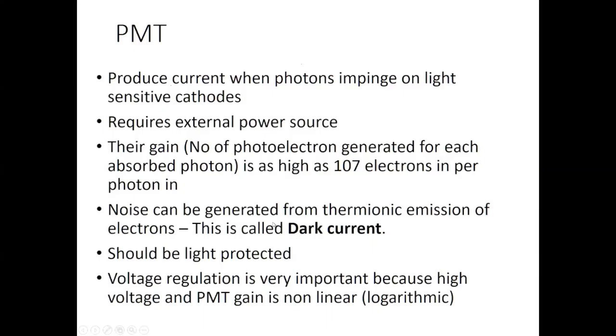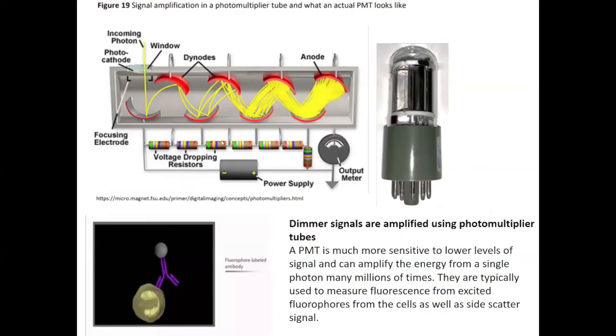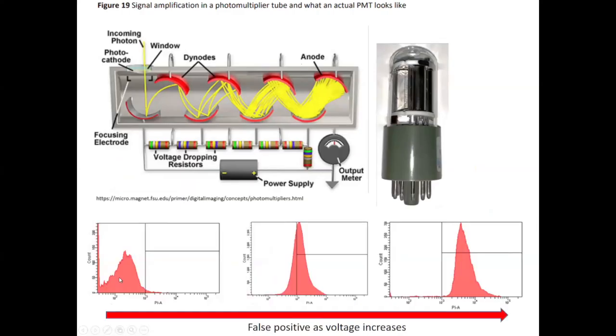Basically there is no signal, but because of the multiplication, it may give you a signal. Now, because it amplifies so heavily, see, this is a case where it's a fluorescent signal, obtained from a photomultiplier tube. If I increase the voltage of this photomultiplier tube, even this negative signal, because of amplification, can mimic positivity. You can push that signal to the positive region.